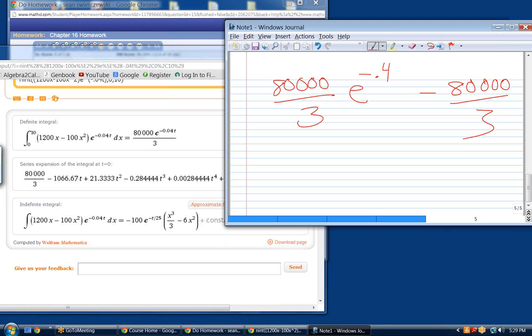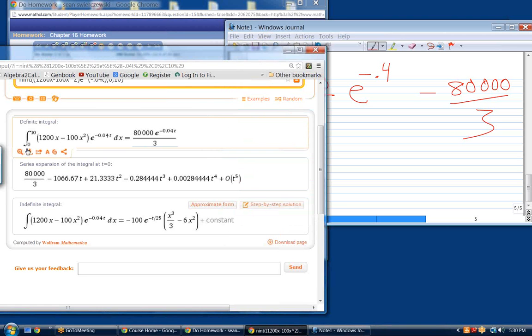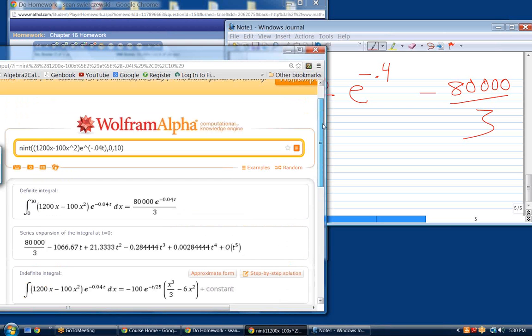Yeah, it's definitely a negative. Negative 8,791.47 rounded. I wonder if I'm not doing anything wrong with these limits of integration, because we actually did it correctly the last time.